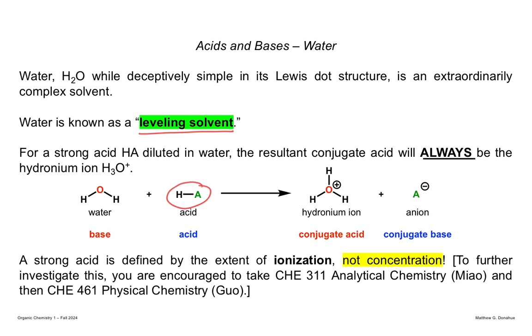If you take a strong acid, HA, and you dissolve it in water, it will always form hydronium. And then the other thing that you get left over is that conjugate base, A minus. That's the anion that balances out the plus charge of hydronium. So water plus any acid is going to give you hydronium plus that conjugate base.